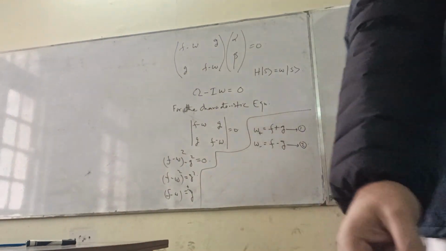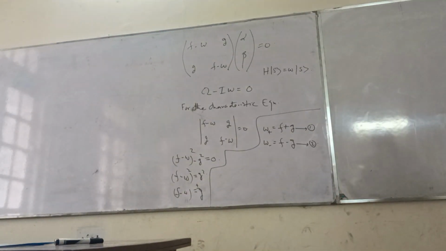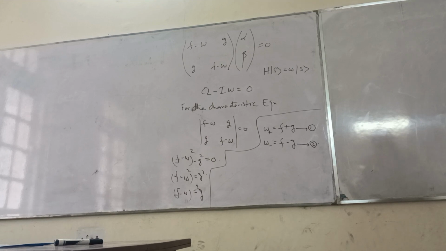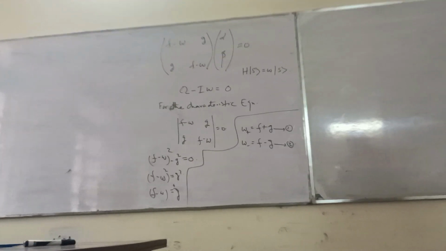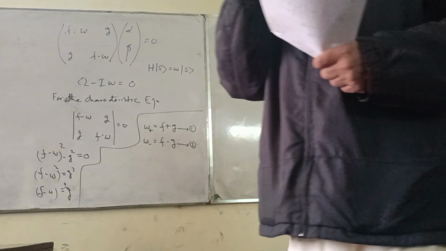So we said that to each eigenvalue there must be at least one eigenvector. So let us find that eigenvector, right?